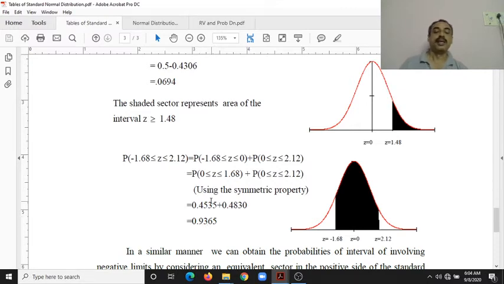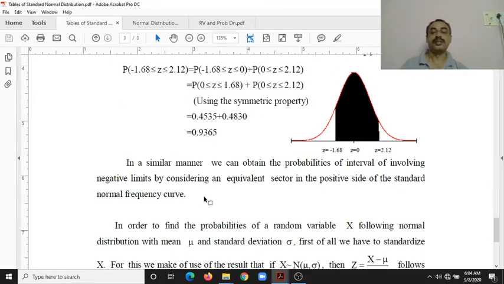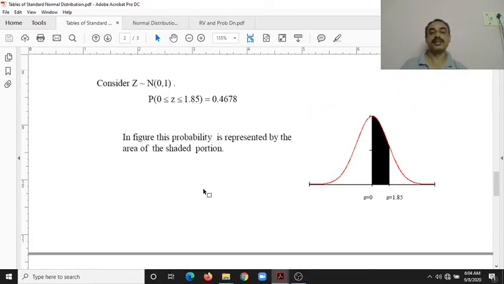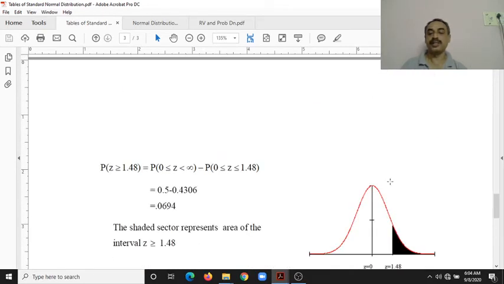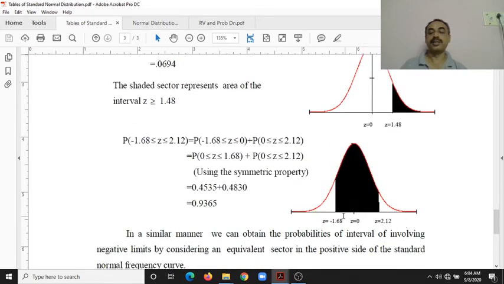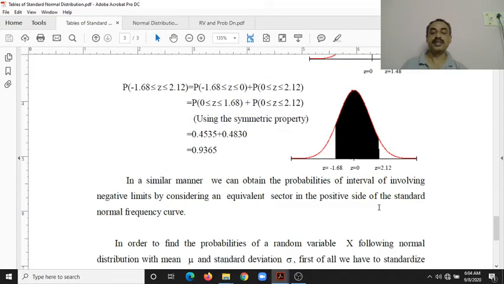Yes, here we consider z with different choices. z has an interval starting from 0, z which contains a right tail sector, and again z which contains the left and right side. In this manner we can also consider sectors exactly on the left side of z equals 0.